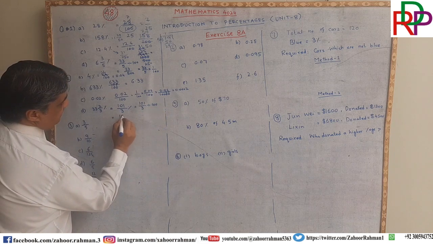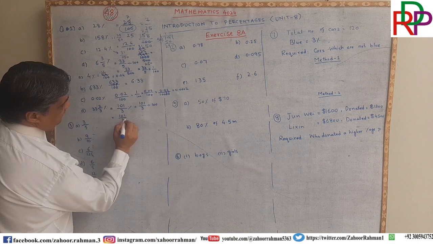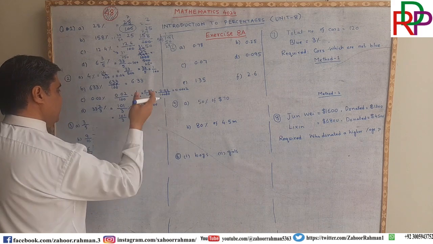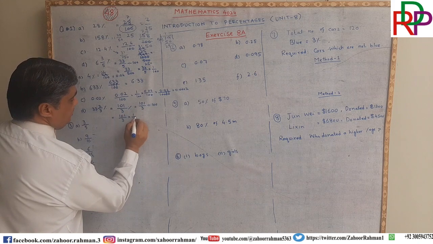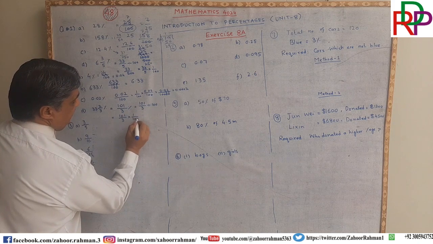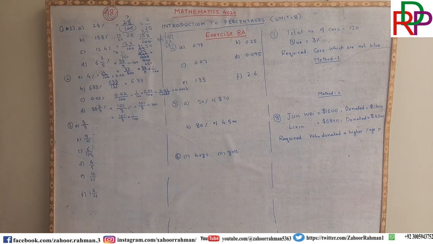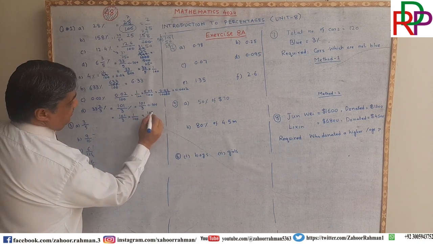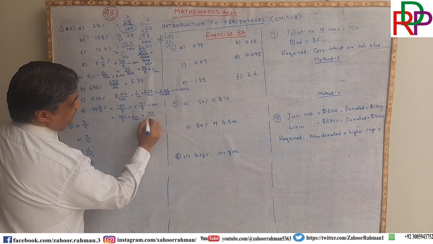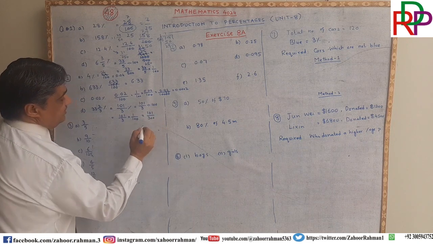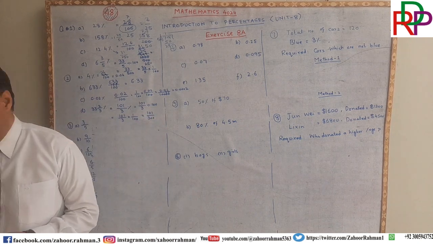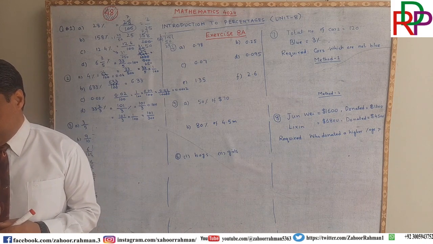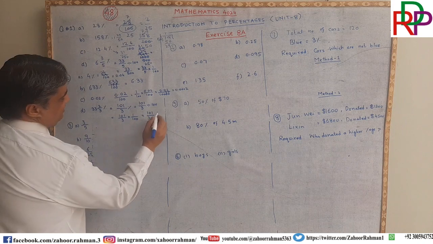Next, we can write 101 divided by 3. This will be changed with multiplication, and we will have to take the reciprocal of the next figure. So in this case, we can write 101 divided by 300. And when we divide it, we will get 0.337.